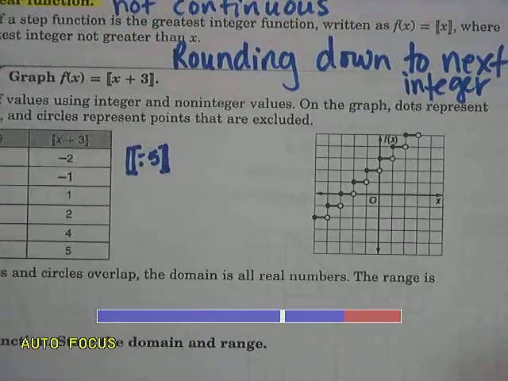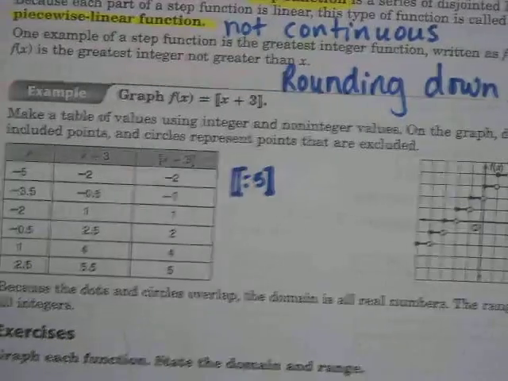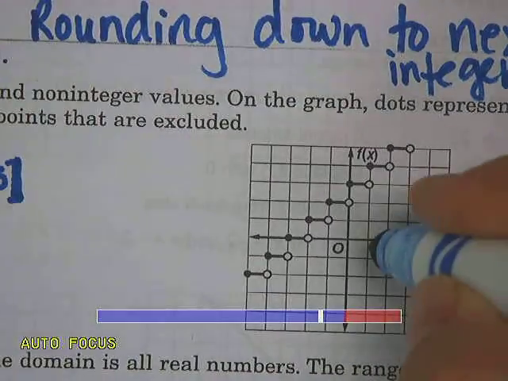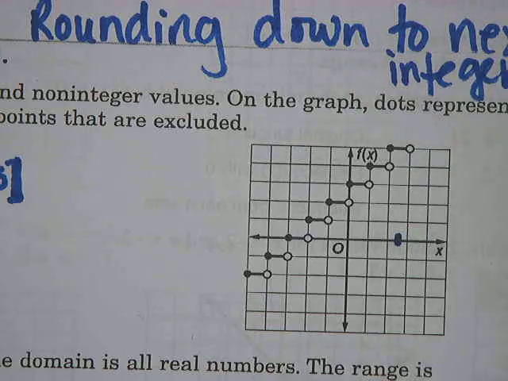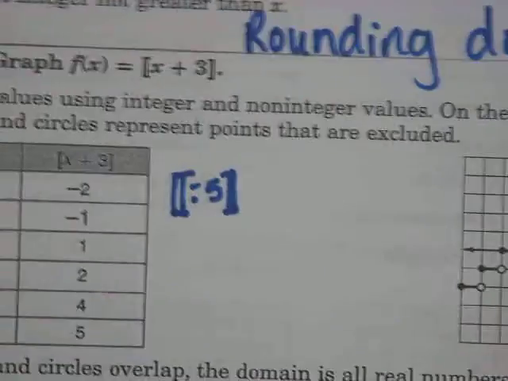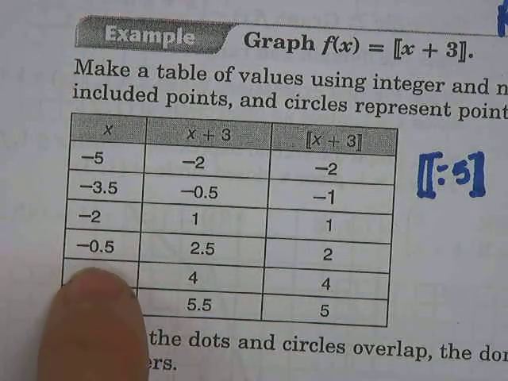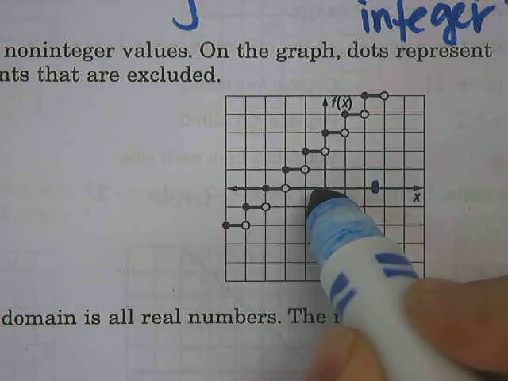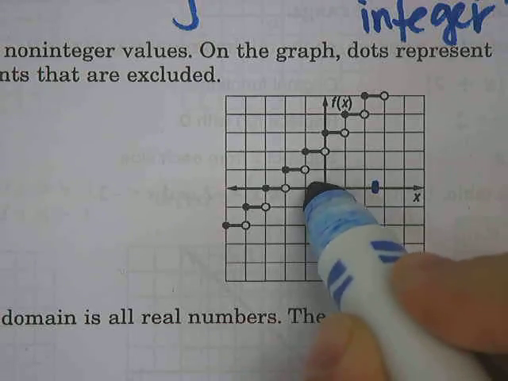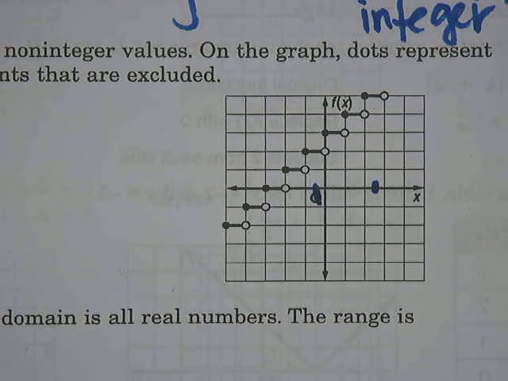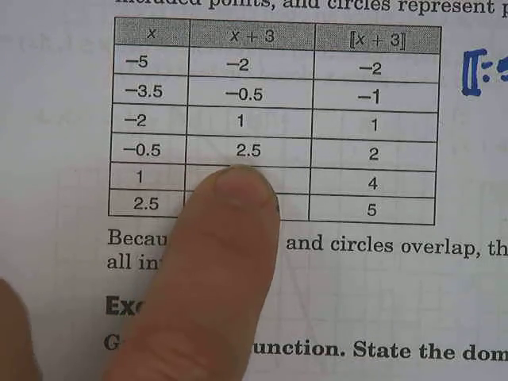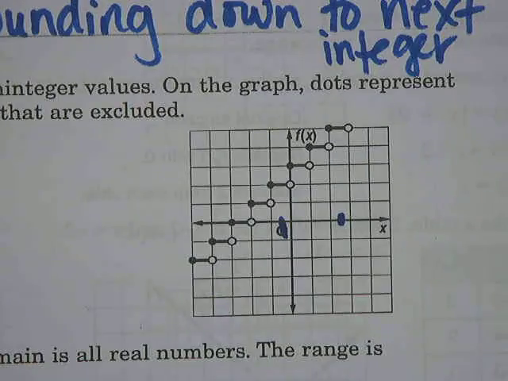Okay, so when you graph this, let's just focus on this 2.5. Sorry, I lied. When x is negative 0.5 right here, when we plug negative 0.5 into it, we got 2.5. Then we rounded it down to 2.